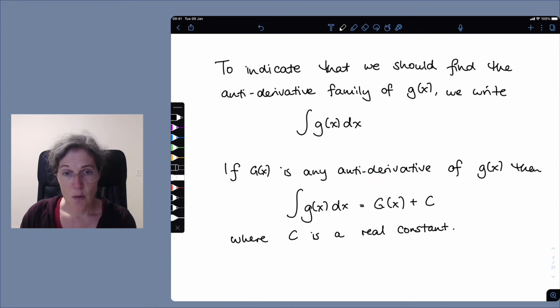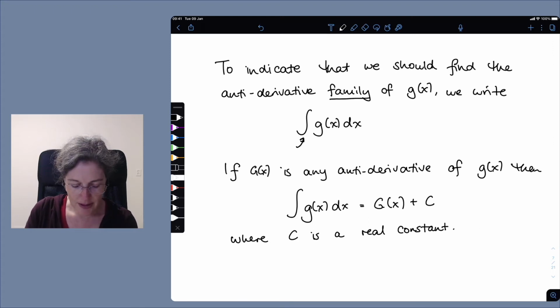Okay, so just a word about notation. To indicate that we want to find the antiderivative family, so I'm calling it a family because there are infinitely many of them, if we want to find the antiderivative family of little g, then we write this funny thing here, which is like a weird s. It comes from sum, because originally, and we'll see a little bit later what I'm talking about, integrals were thought of as sums of things.